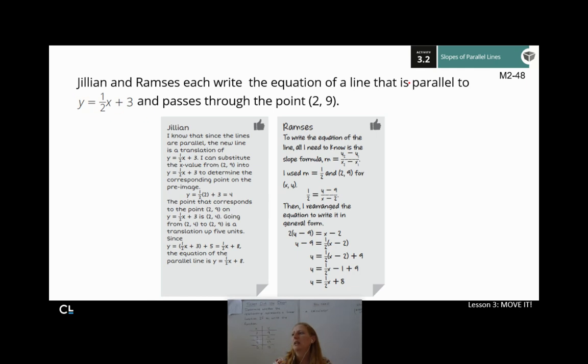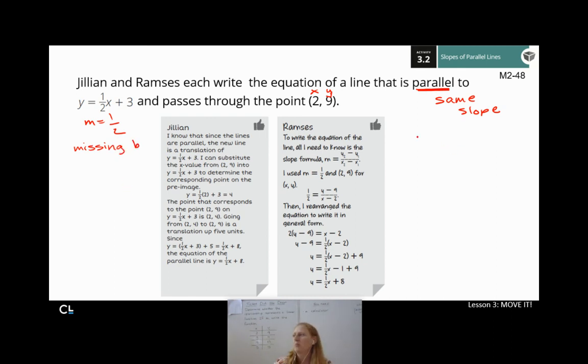So Jillian said, okay, if it's parallel, they're going to have the same slope. Here, my slope is 1/2, so that's the slope I'm going to use. I also have an x coordinate and a y coordinate, because the problem is I'm missing b, aren't I?